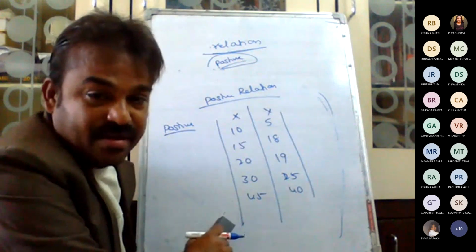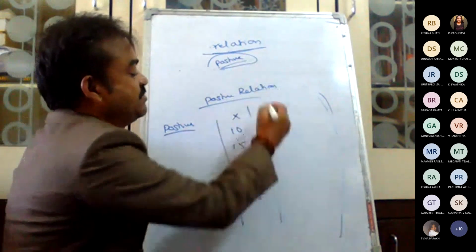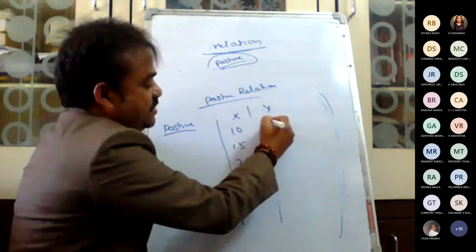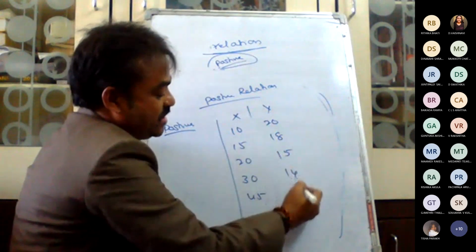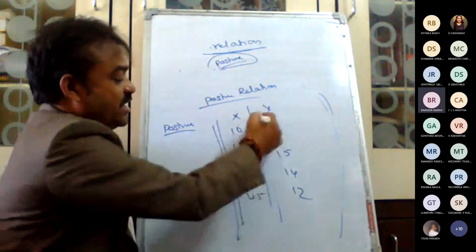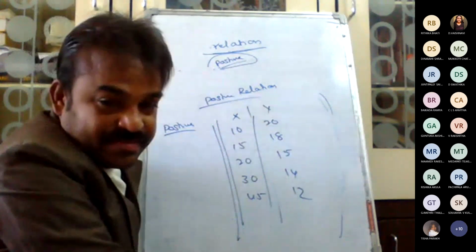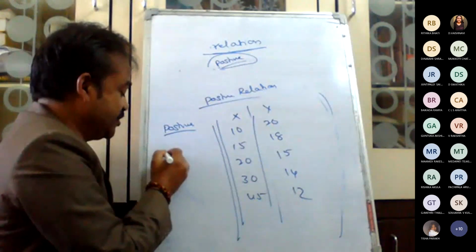Otherwise, one variable is increasing, another variable is decreasing, like 20, 18, 15, 14, 12. Now what is the relationship? This variable is increasing, and this variable is decreasing. Correct? Yes, sir. So this type of situation is a negative.